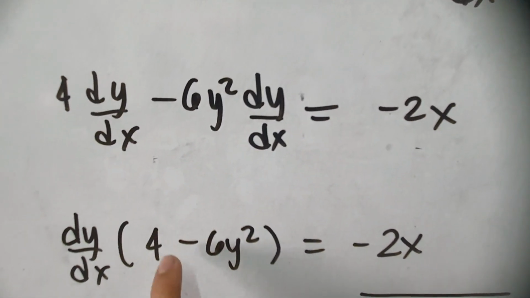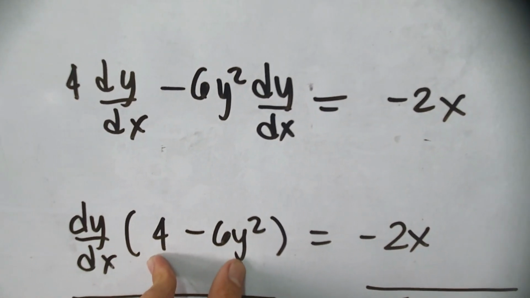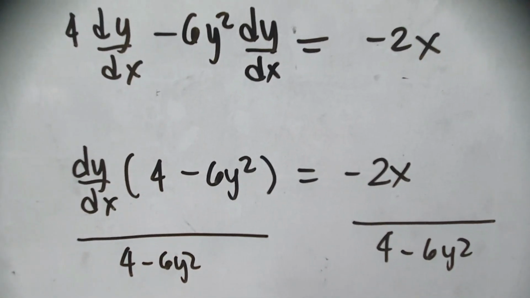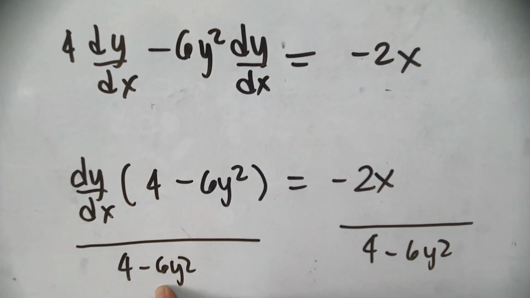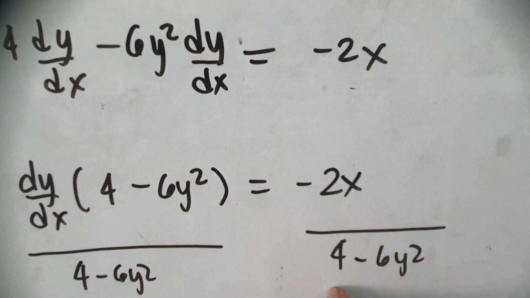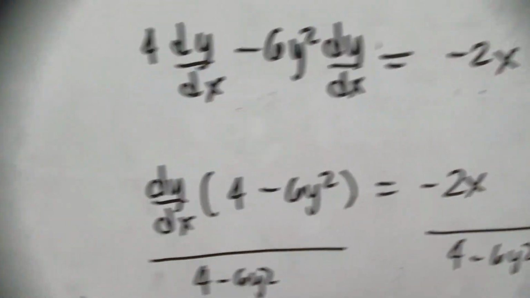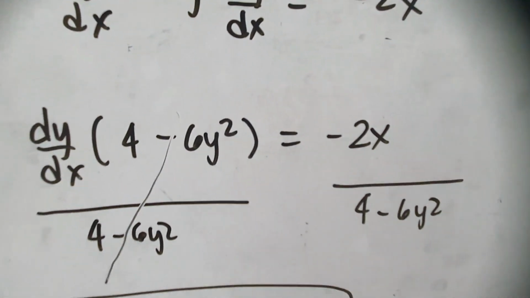So to remain dy over dx right here, I'm going to divide both sides with this type of algebraic expression. Dividing both sides with 4 minus 6y squared, and also the other side of the equation, 4 minus 6y squared, meaning to say I am canceling this one.